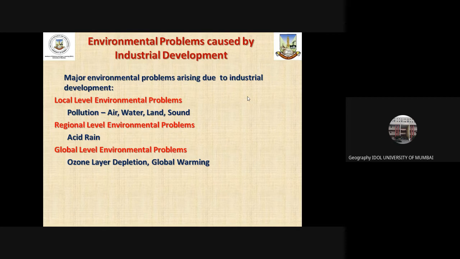Regional level environmental problems include desertification and acid rain, which are somehow confined to a particular region. Global level environmental problems, on the other hand, include all those environmental problems which are posing threats to the entire globe, like ozone layer depletion, global warming, climate change, and so on.